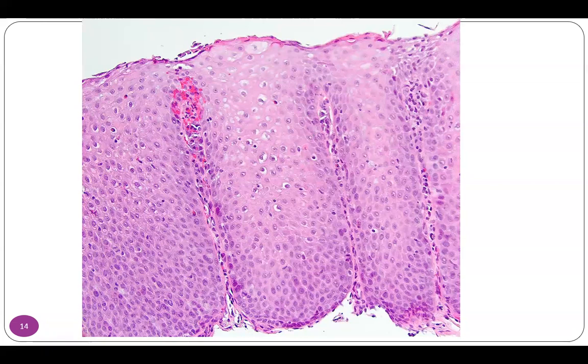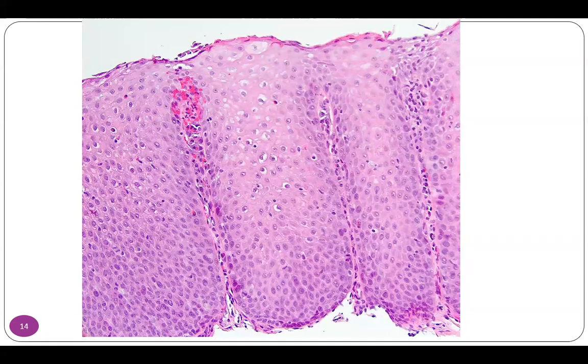This is one feature. The other feature is the congestion in a red color. The red color means RBCs, which means congestion. So we see congestion, extension of the papilla high up, and a chronic inflammatory infiltrate, as well as some neutrophils and eosinophils.